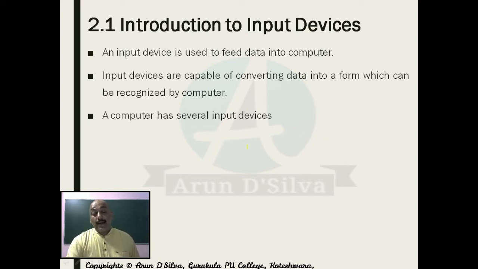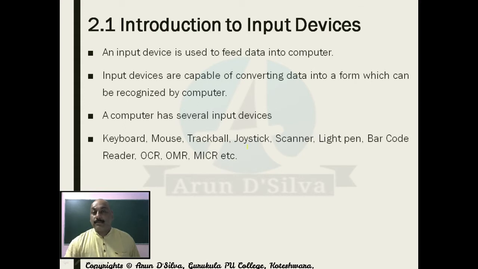So next comes, yes, the mouse. Then on a laptop, those of you who have used a trackball. Those of you who are gaming lovers, joystick, scanner, light pen, barcode reader, OCR, OMR, MICR, mic, etc. There are many other devices.